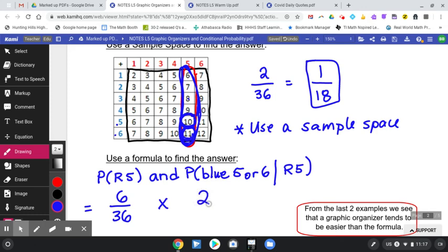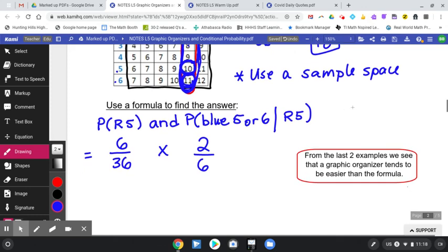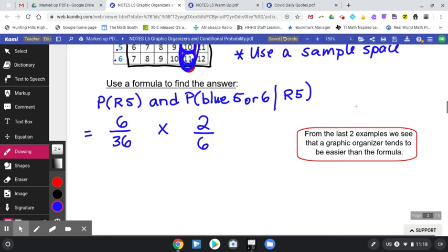There are 2 out of 6. So that fraction to me is very tricky to come up with using a formula, especially if you don't have a Venn diagram. And if you have a Venn diagram, you wouldn't even be using this formula because it's just so easy to do without a formula. But we end up with the same answer.